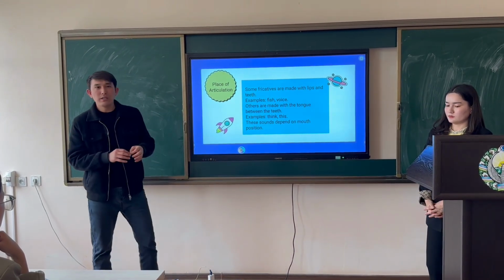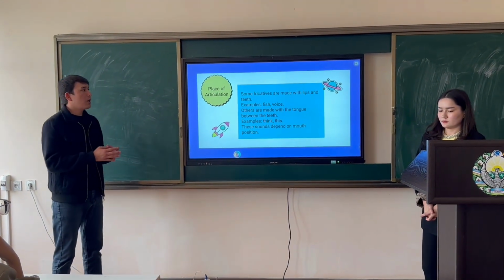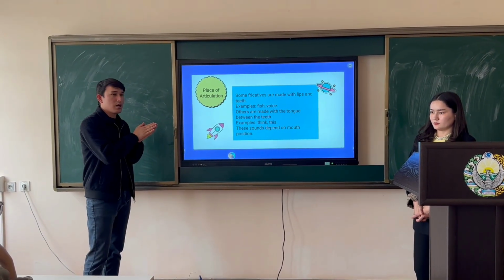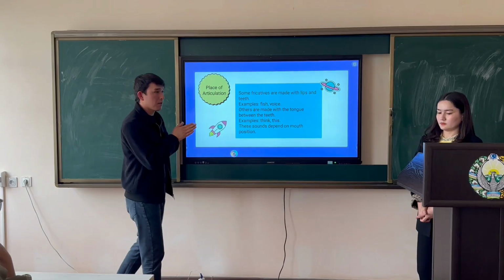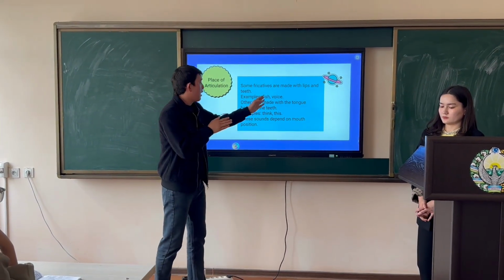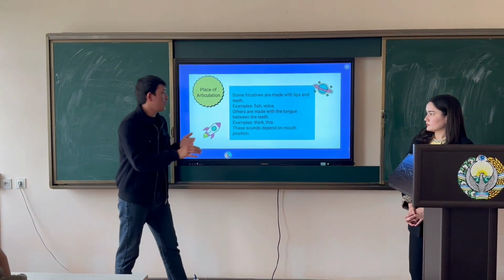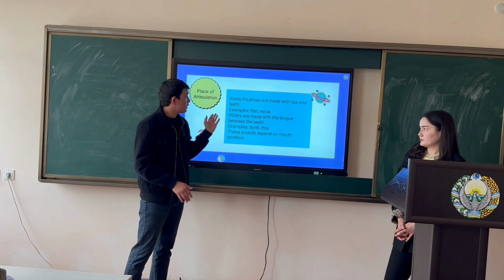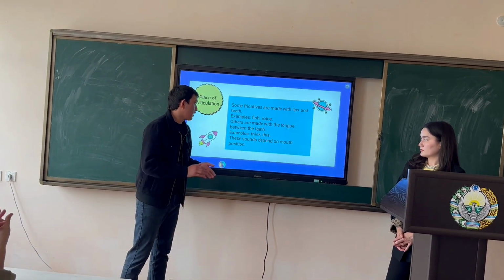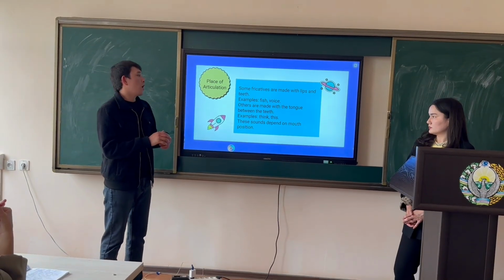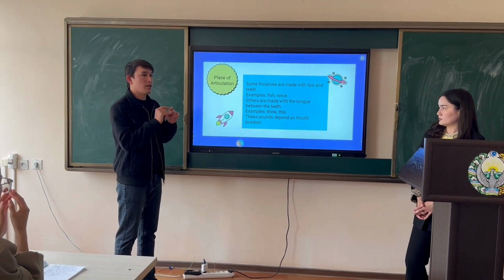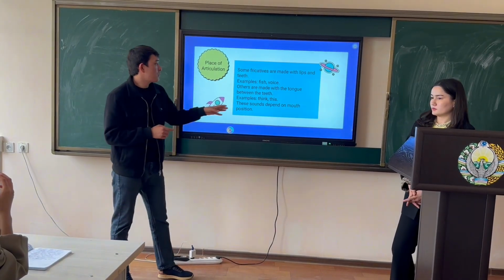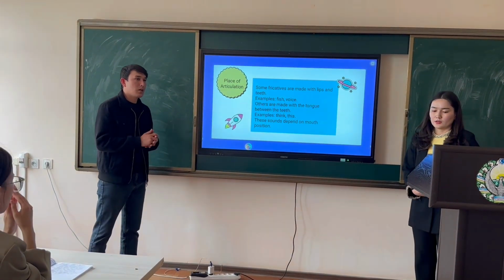When we say "fish," our upper teeth touch our bottom lip. But there are some other words where we should put our tongue between the teeth, like "think" or "thanks." And these sounds depend on our mouth position.